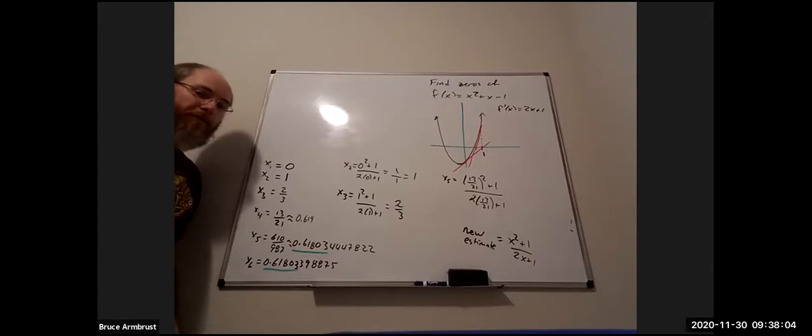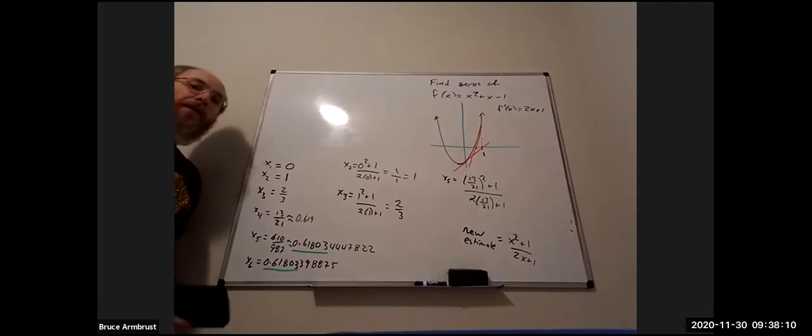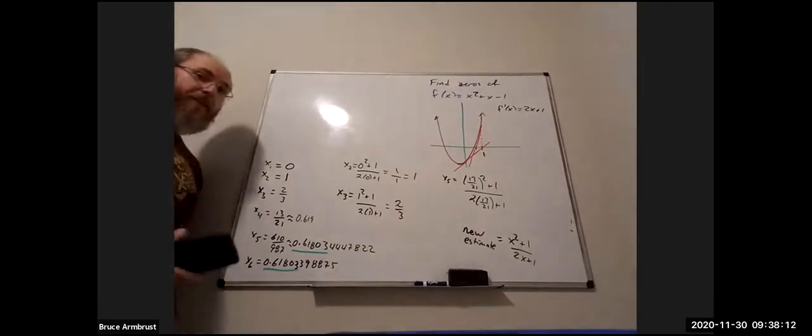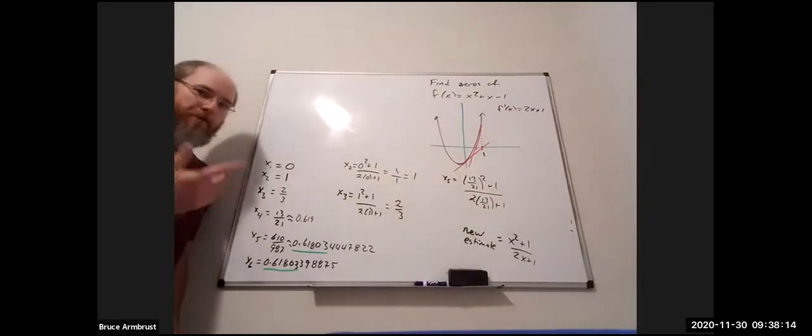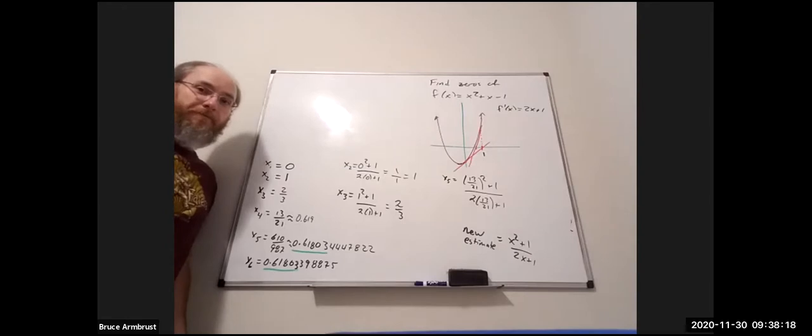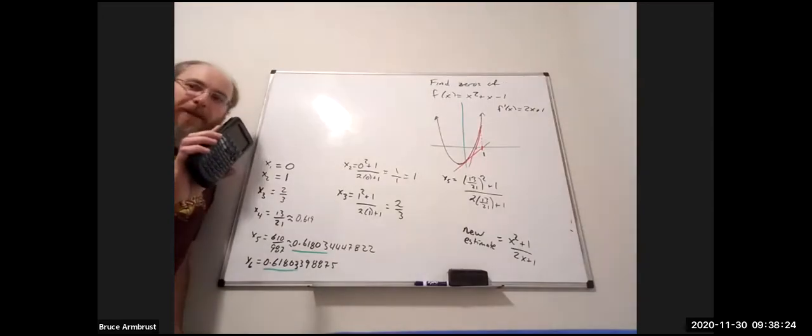If we need more decimals, we'd have to have something a little bit better than even my handheld calculator here. So basically, you're going to keep going until you get as many decimals fixed as you want. What I tend to do is I go as far as it requires my calculator to spit out the same answer.